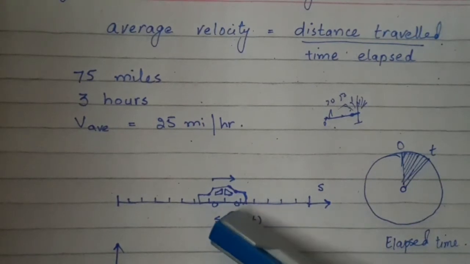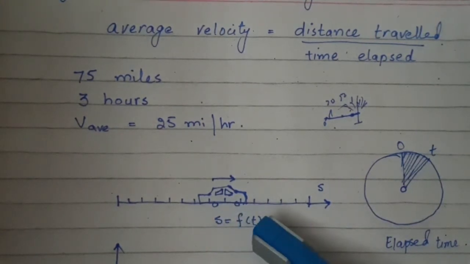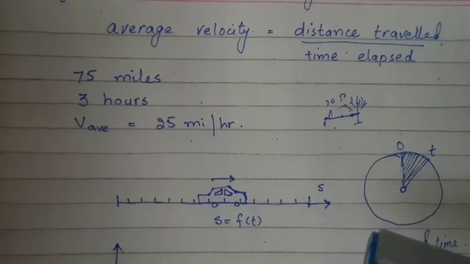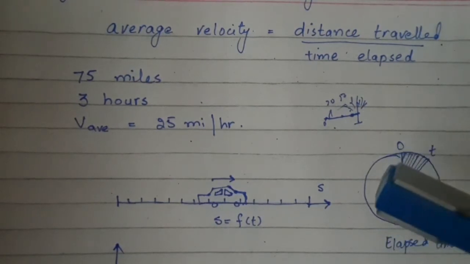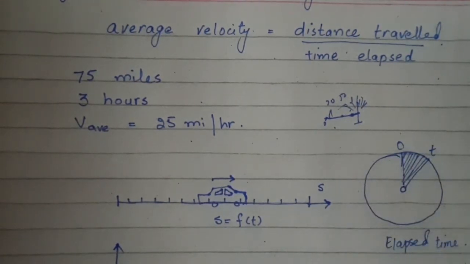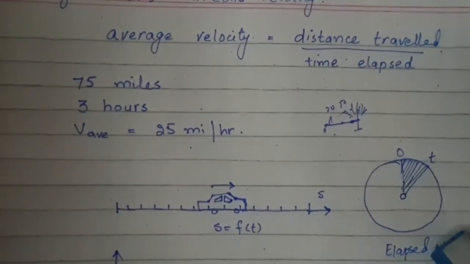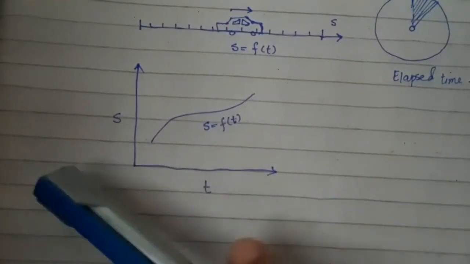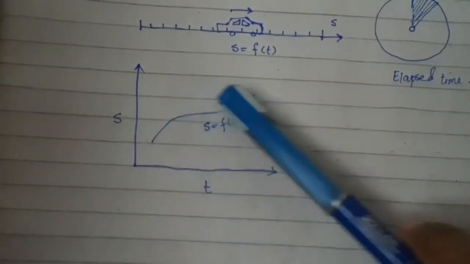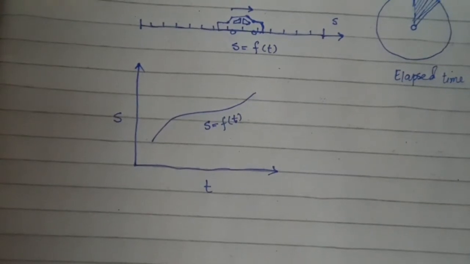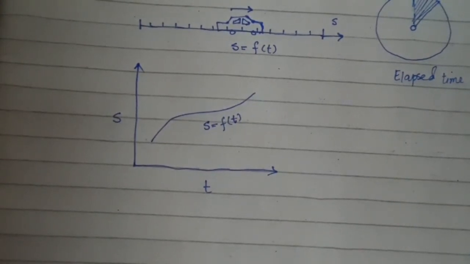Like I can say s is a function of time, s equals f of t. The graph of this function in a t-s coordinate system is called the position versus time curve for the motion. Like you can see here, this is the t-s coordinate system and this is the curve which shows the motion of this car.